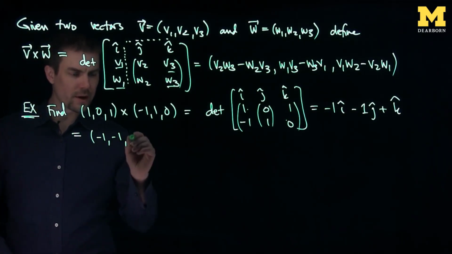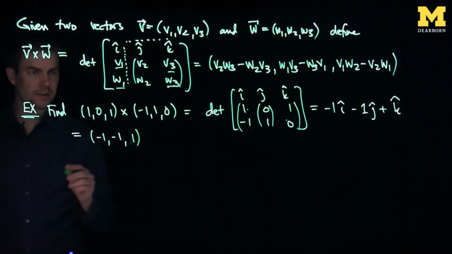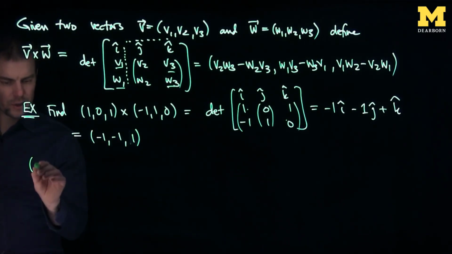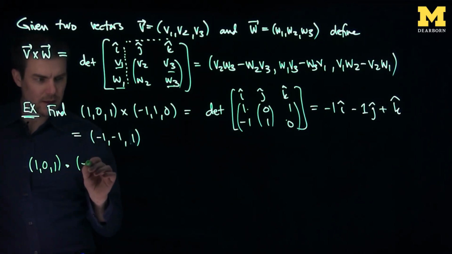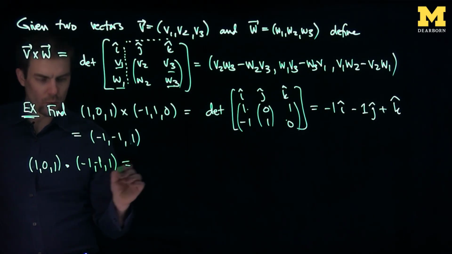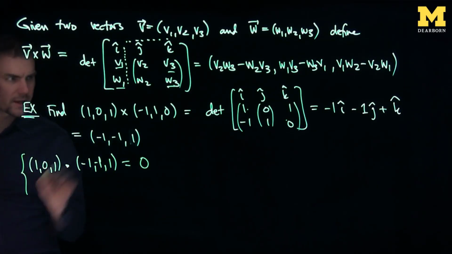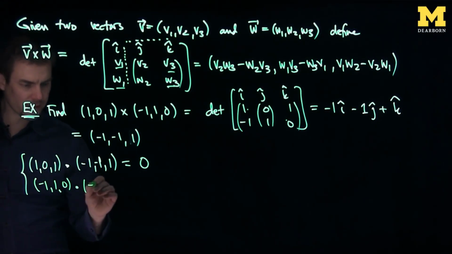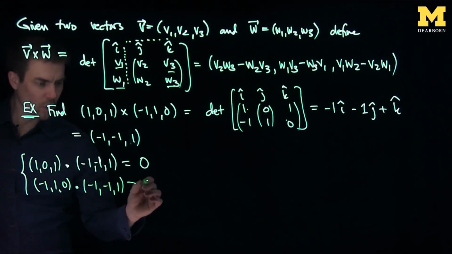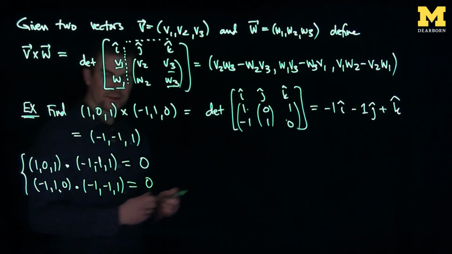An important property of these cross products is the following. If I take the first vector we started with, 1, 0, 1, and dot it with the cross product, negative 1, negative 1, 1, we get 0. And if we take the second vector, negative 1, 1, 0, and dot it with our vector negative 1, negative 1, 1, we also get 0. And this is true in general.